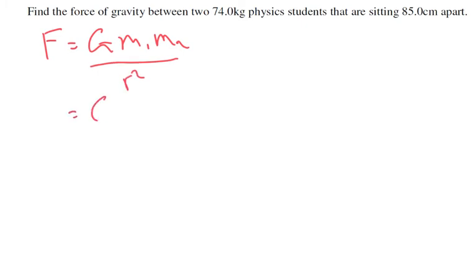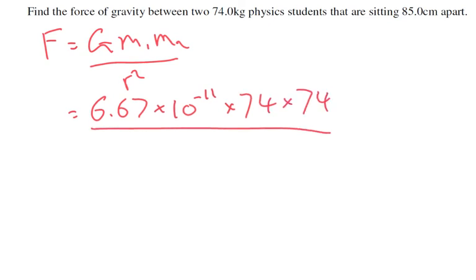Let's put the numbers in. 6.67 times 10 to the minus 11, then times 74 times 74 again. And then it was 85 centimeters, so that's 0.85 meters. So here we're going to do 0.85 squared.